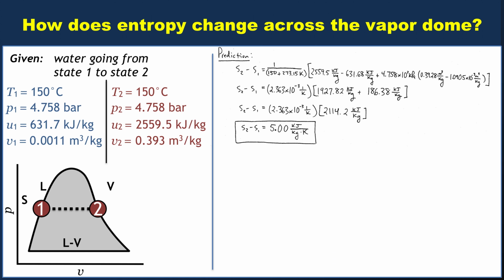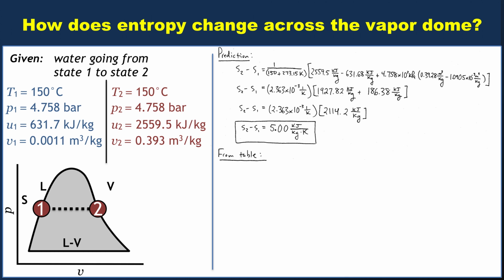That's our prediction based on the work we just did and the lookup table values in the back of the book. But the nice thing is, we can actually specifically look up the values of little s in the back of the book in exactly the same table. So for the pressure and temperature that we're given under the vapor dome, they list values of little s. So we should check that out and just make sure that S2 minus S1 is indeed 5 kilojoules per kilogram Kelvin if we use the TDS equation or if we just look it up.